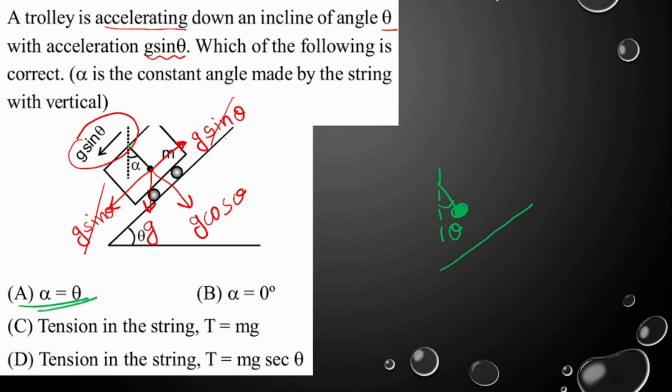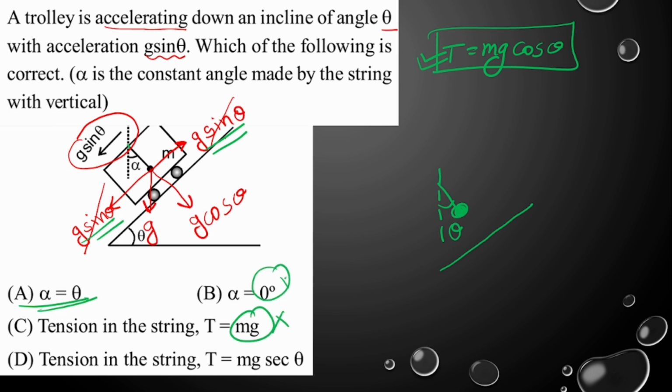And the tension must be T equals mg cos theta, not mg sec theta, because g sin theta and the pseudo force balance each other. So mg is wrong, alpha is 0 degree is wrong, and mg sec theta is wrong.